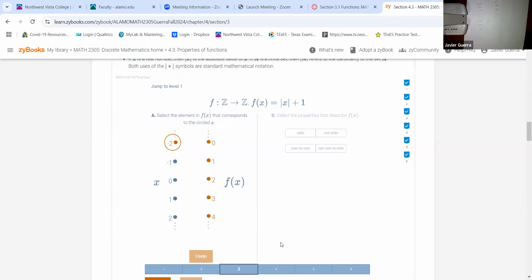Okay, now let's look at this one. Absolute value of -2 is 2. 2 plus 1 is 3. -1, that's going to be 0. 0 is 1. 1 is 2. 2 is 3.